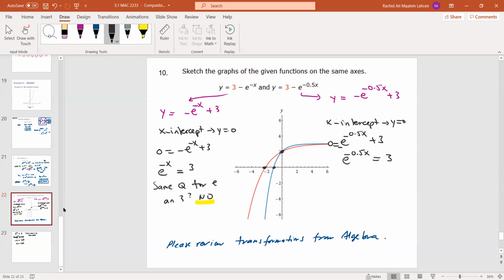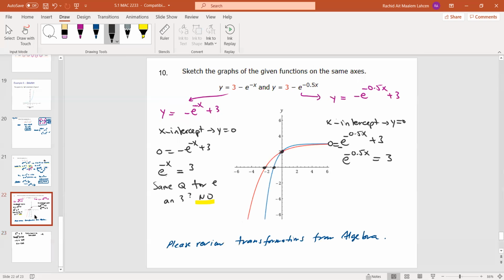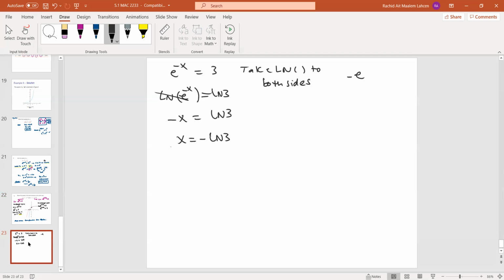The x-intercept for this one is going to be, let's see, negative 0.5x.